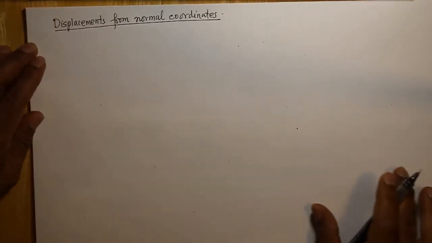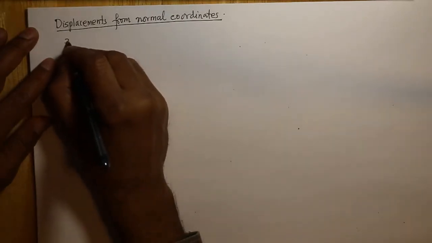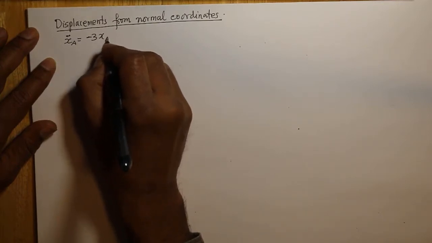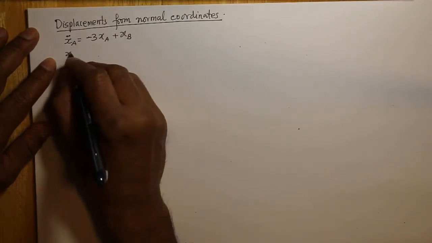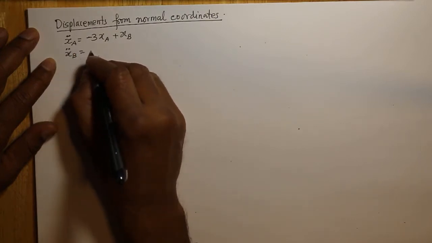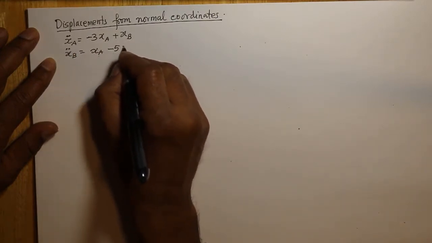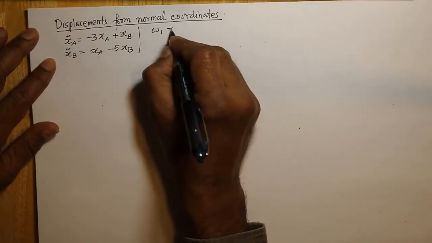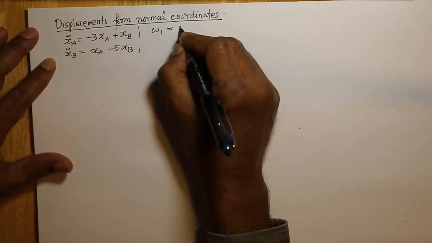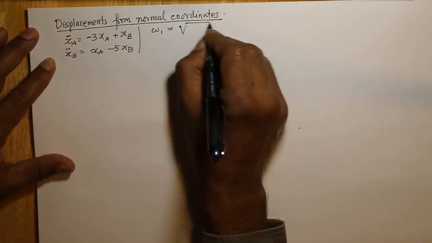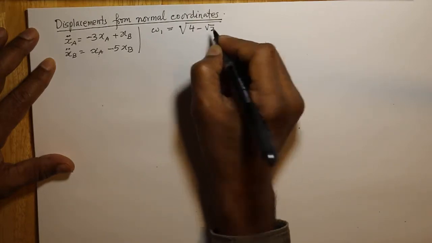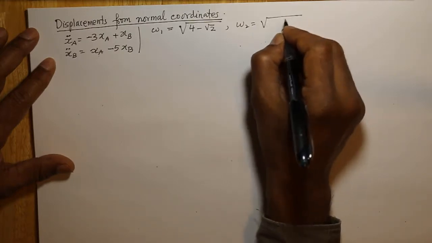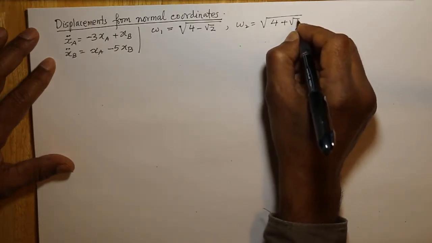Okay, so we had a system: XA double dot equals minus 3XA plus XB, and XB double dot equals XA minus 5XB. We found omega 1 was the square root of 4 minus square root 2, and omega 2 was the square root of 4 plus square root 2.